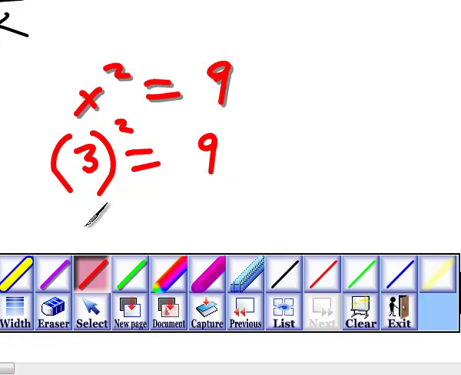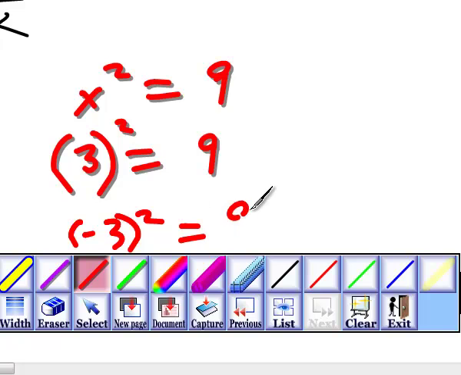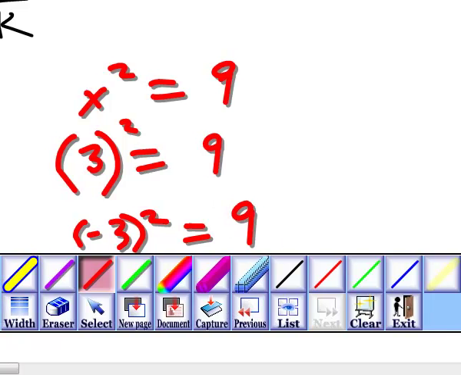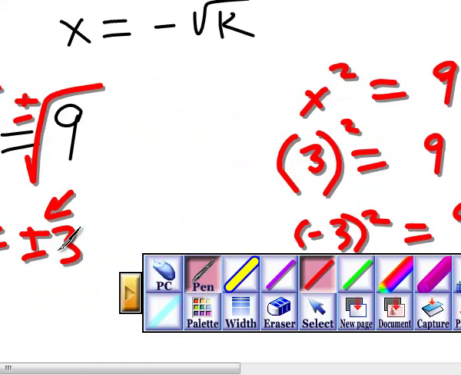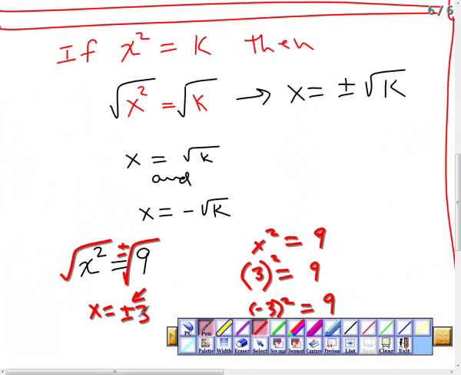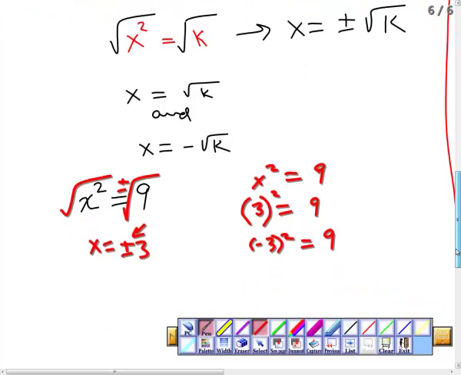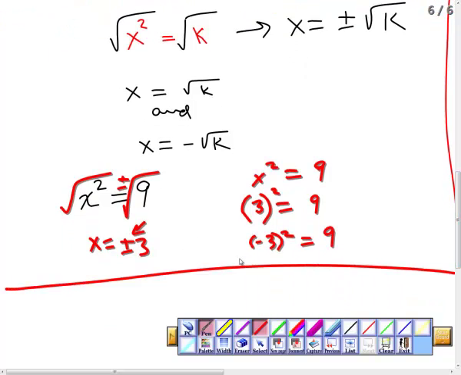We get 9. But also, if we put negative 3 in there, we also get 9. So that's why it has to have that plus or minus in it, because they're both solutions. Okay? And if you leave out the plus or minus, then essentially you've left out half the solution. Okay? So you have to have them both in there. All right? Questions with that?